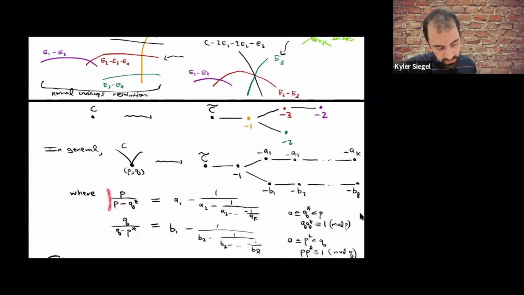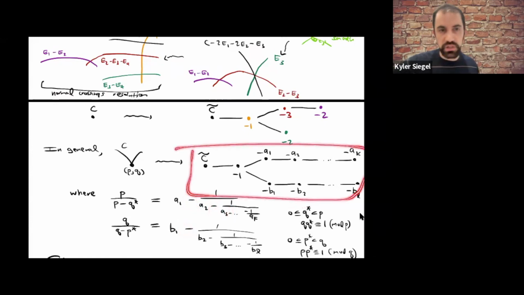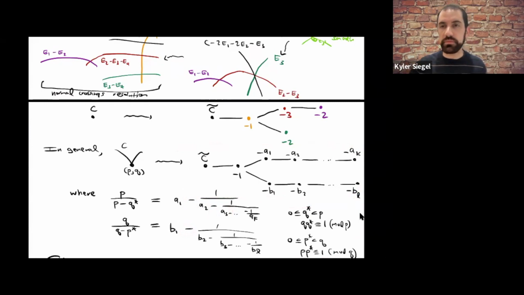And then you look at these fractions, and you take their negative continued fraction expansion, which means you put minus signs instead of the usual plus signs here. And then these coefficients tell you what kind of plumbing diagram you'll see in the resolution.